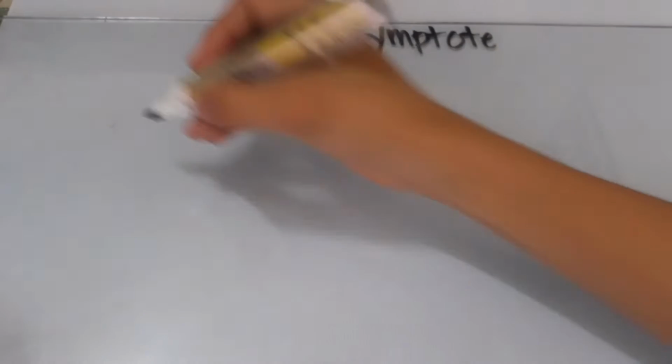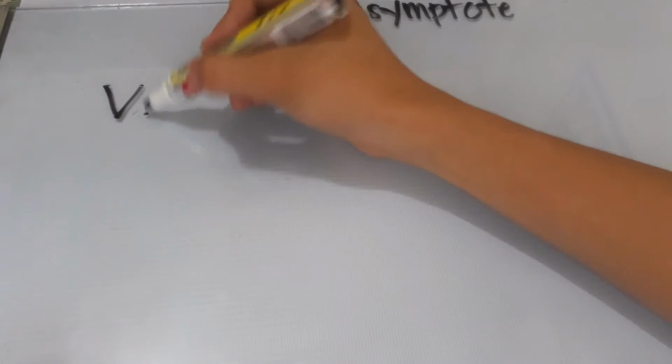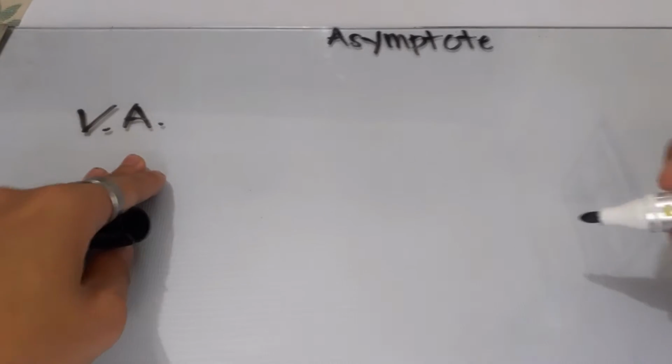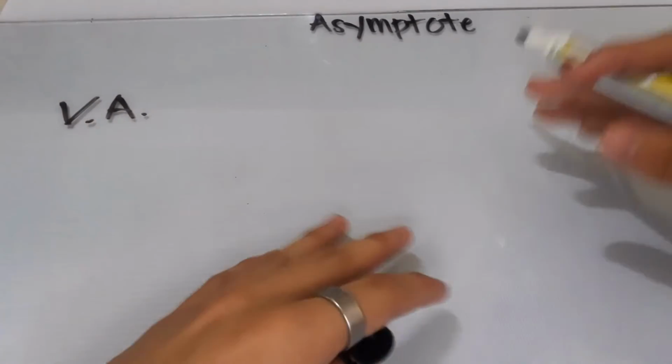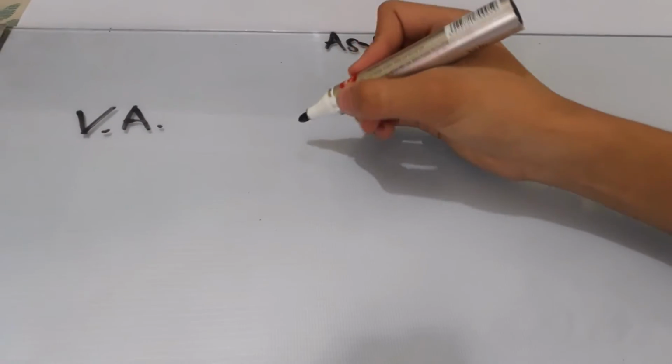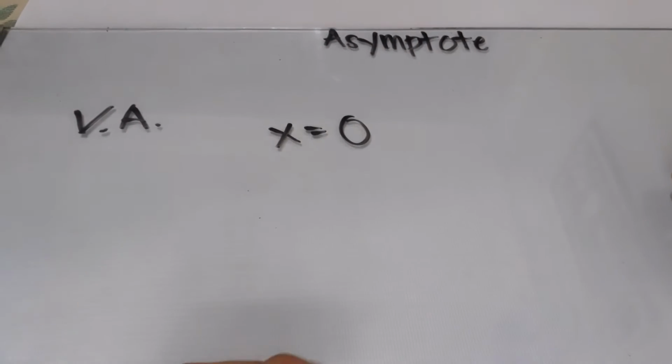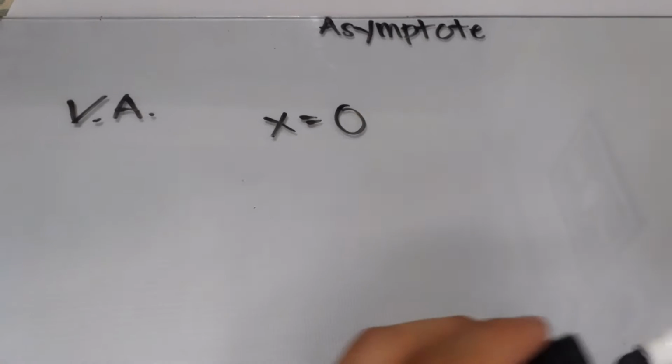There are three kinds of asymptotes. First is the vertical asymptote. To find the vertical asymptote, this is how we do it. We simply equate the denominator to 0.